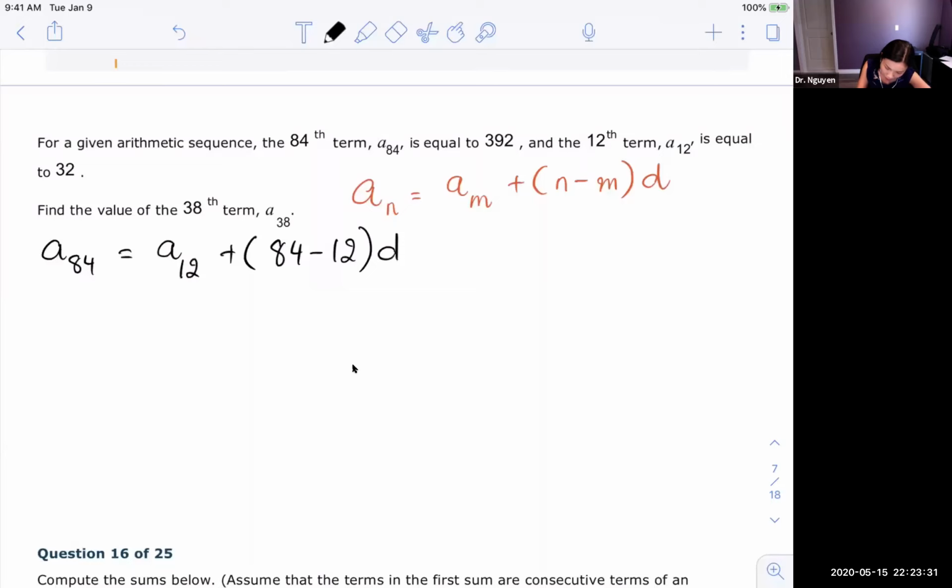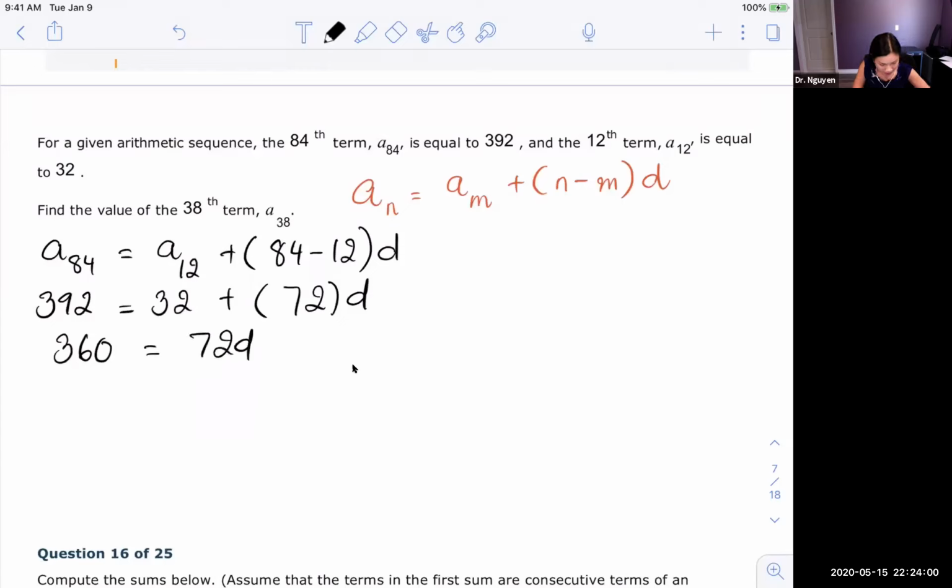So a_84 is 392 and a_12 is 32, plus I can just subtract right away. I get 72d right here. And then from here, you can solve for d. 360, I subtract 30, 72d. So d is 5.